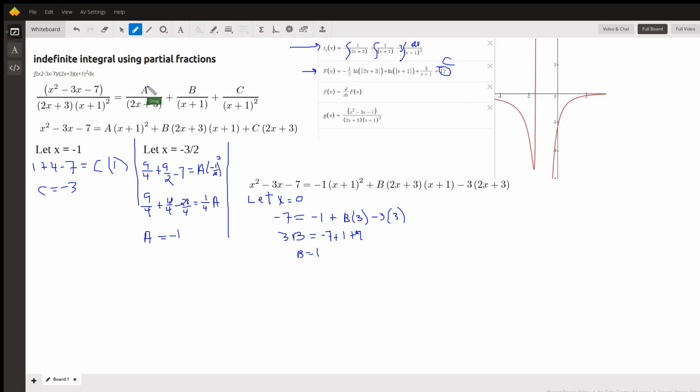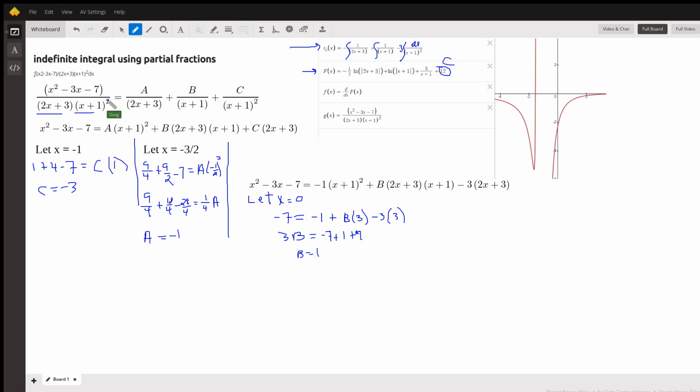The question is, how do we convert this (x squared minus 3x minus 7) over these factors to equivalent expressions involving a, b, and c? When you're converting a rational function like this to partial fractions, there's a theorem that says you can decompose this into A over 2x plus 3.